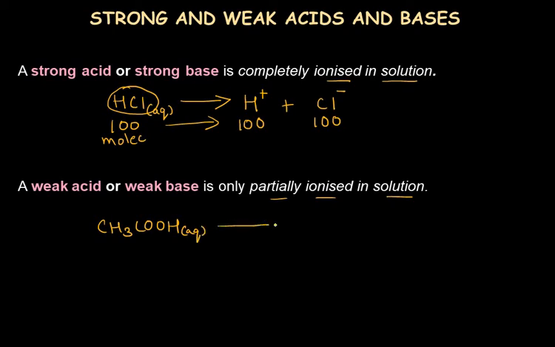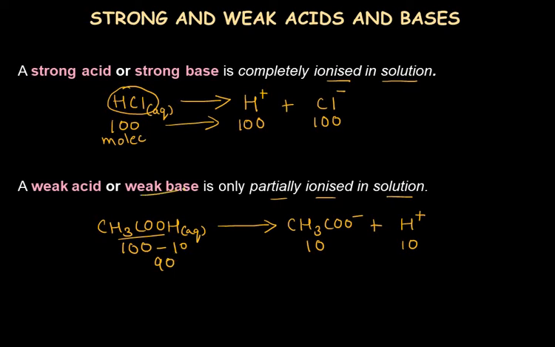When we say partially ionized, they change into ionic form, so an ethanoate ion is formed and a hydrogen ion is formed. Suppose we have taken 100 molecules of ethanoic acid, only a few of the molecules, say 10, change into ions. So 10 carboxylate ions and 10 hydrogen ions are formed, and the remaining 90 are left in molecular form itself.